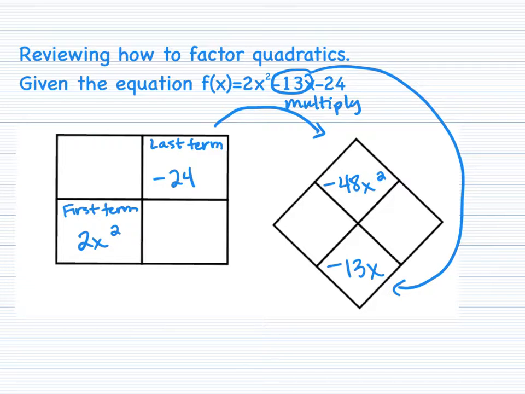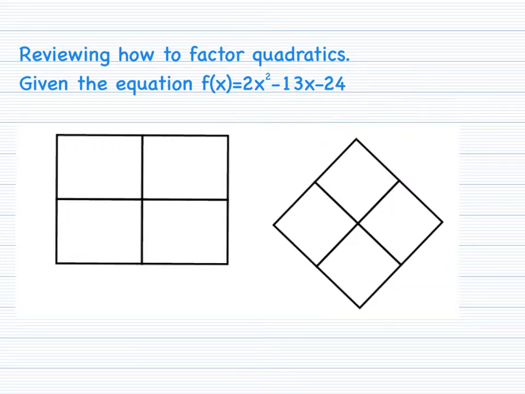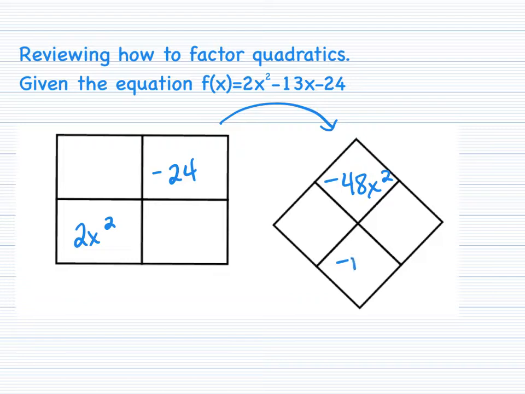So I'm going to go to the next page and show you the next part of this. So we have our 2x squared, our negative 24. We have that multiplied, negative 48x squared, and negative 13x. So we need to figure out what multiplies to give us our top number, and adds to give us our bottom number.